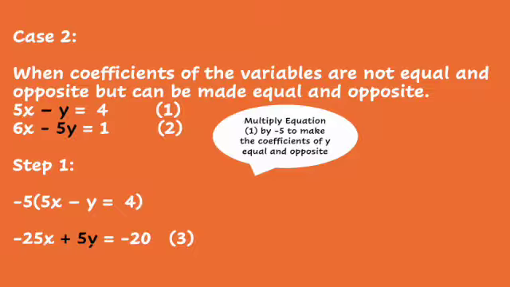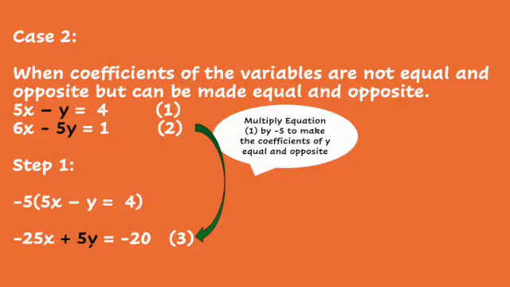When we do that, let's see. Minus 5 times 5x minus y equal to 4. Now we open the bracket, and each term of the bracket is to be multiplied by minus 5. When we simplify, we get minus 25x plus 5y equal to minus 20.